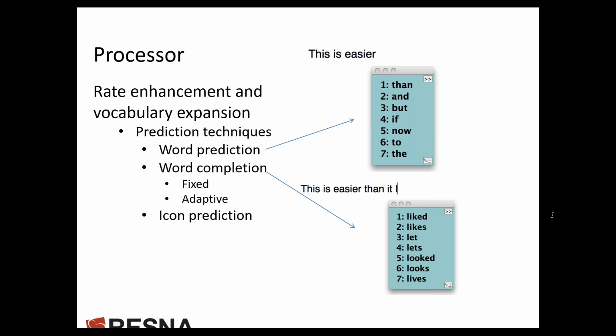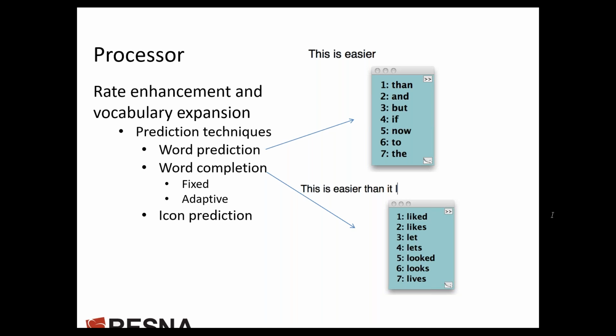Word prediction was actually originally developed back in the 70s, only for switch scanning, and now everybody uses it. We use it on our phones when we're texting, right? That's word prediction, where I start typing my message and words are popping up above my keyboard. So it's helping me type faster.